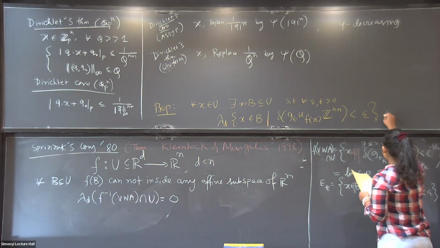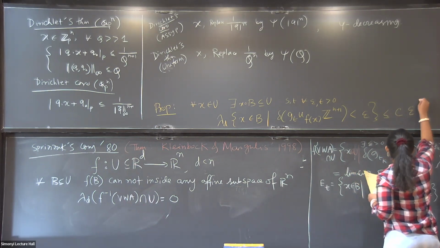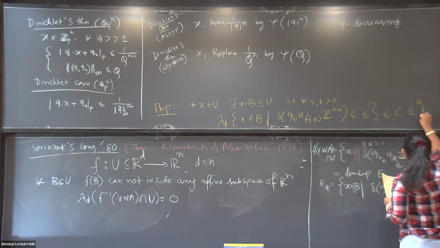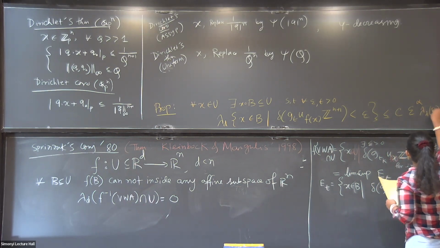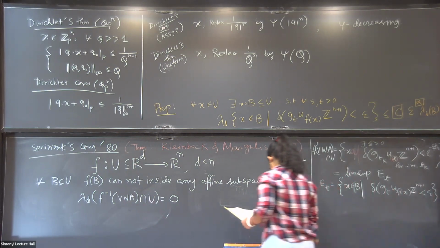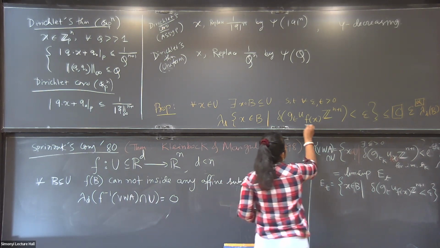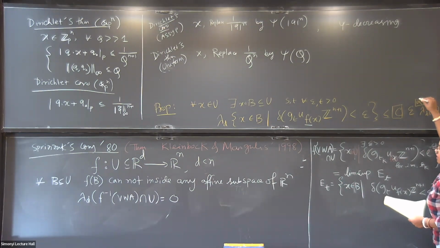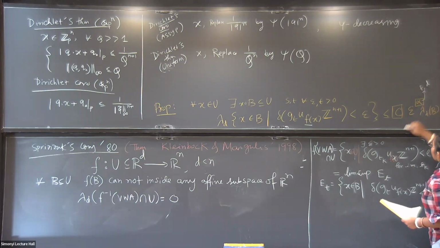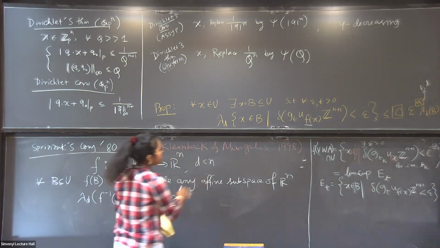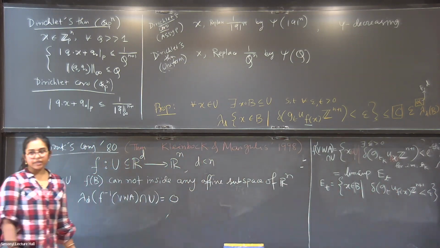So this should be less than or equal to C epsilon to the power alpha times the size of B. Now this alpha and C depend on the function f. I think alpha will also depend on the dimension of the manifold, so this will depend on f and d. So if you have this proposition, then you can just use Borel-Cantelli.